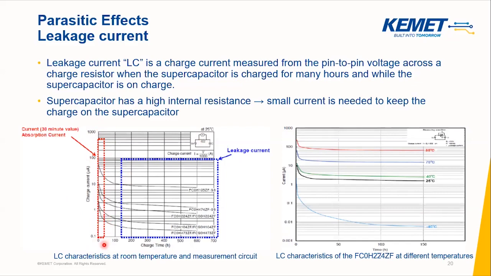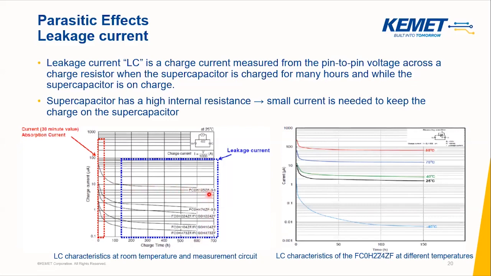This is another thing that people usually look for: what is the leakage current of the supercap? When you are charging at the beginning, the charging current will be high because a lot of ions want to get absorbed inside the pores of the carbon, so we have a high current, and we call it absorption current. But after a while, when the capacitor gets charged, this current reaches a steady state condition, and this current we call leakage current.